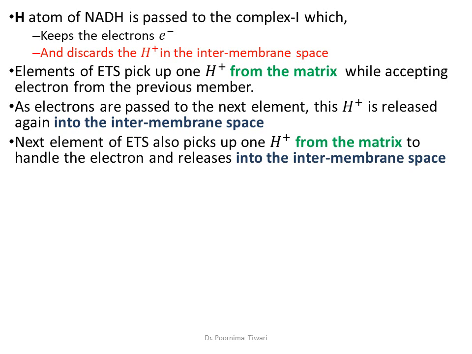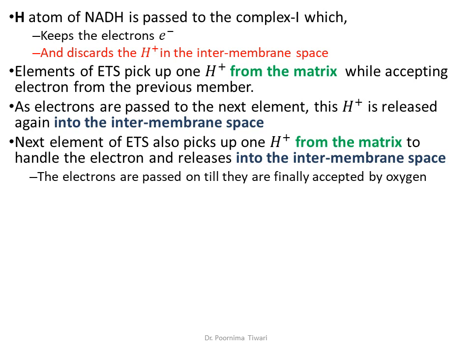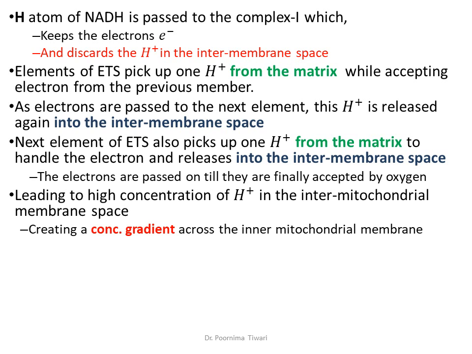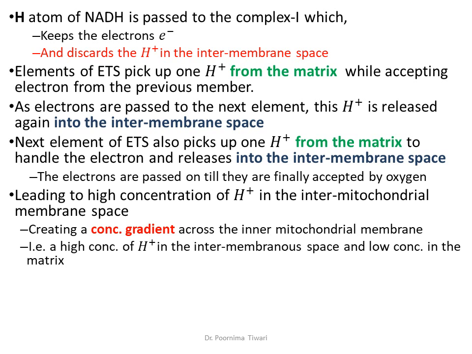So the electrons are passed on with a corresponding shift of protons from the matrix to the intermembrane space till the electrons are finally accepted by oxygen. This procedure leads to a high concentration of H ions in the intermembrane space. So a concentration gradient is created across the inner mitochondrial membrane, that is, a high concentration of H ions in the intermembrane space and a low concentration of H ions inside the matrix.